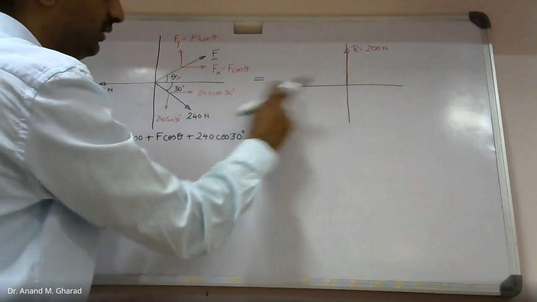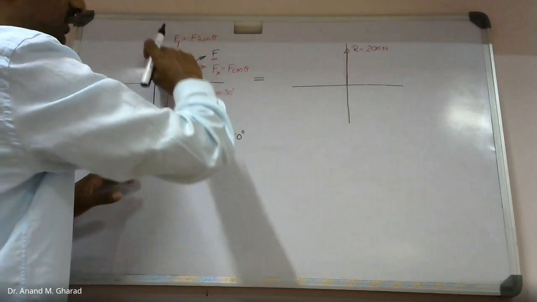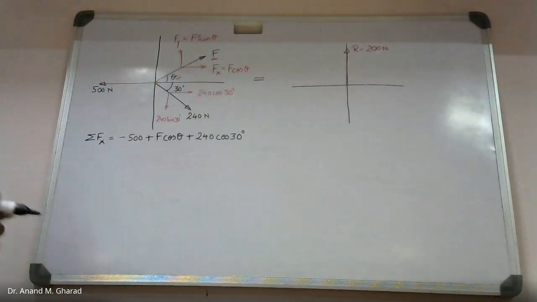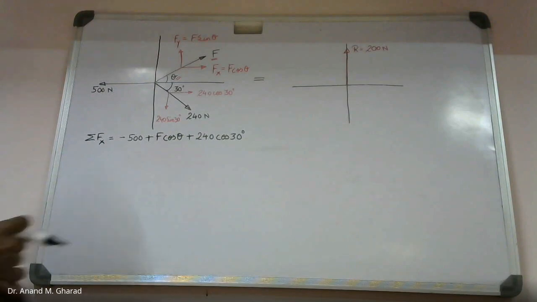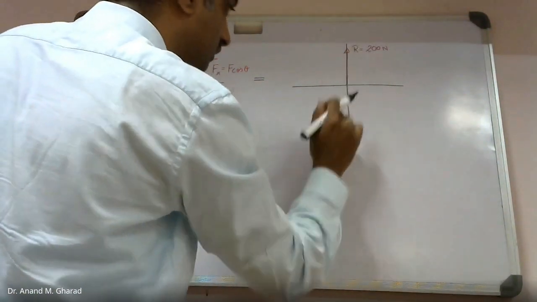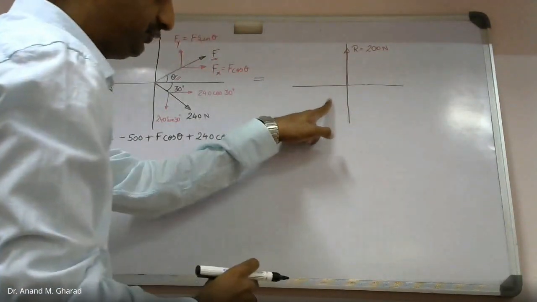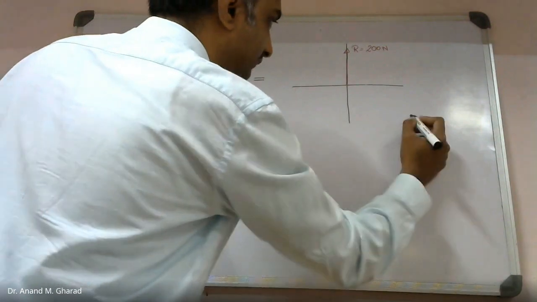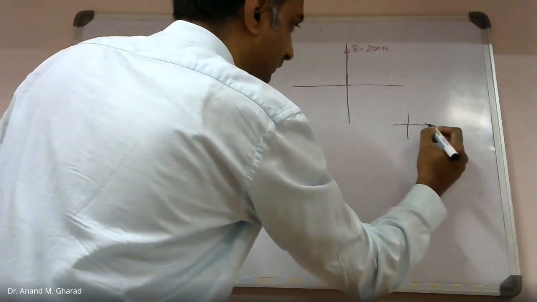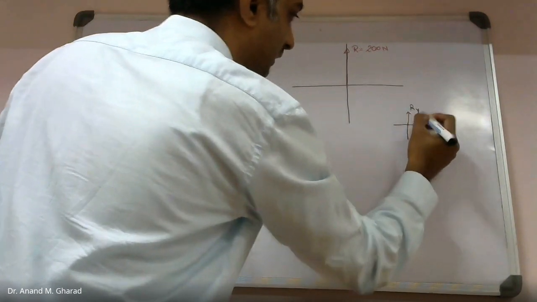Now you can see this system is equivalent to this, isn't it? Because this resultant is nothing but the representation of all these four forces. Correct? Now over here, if I want to resolve this, the representation of this R can be in this manner, Rx and Ry.